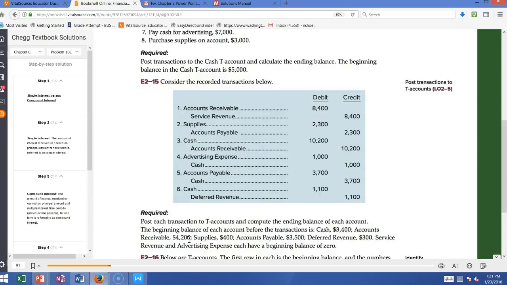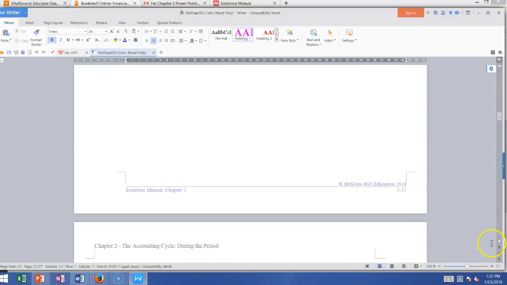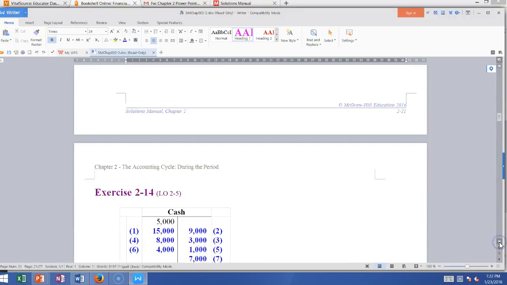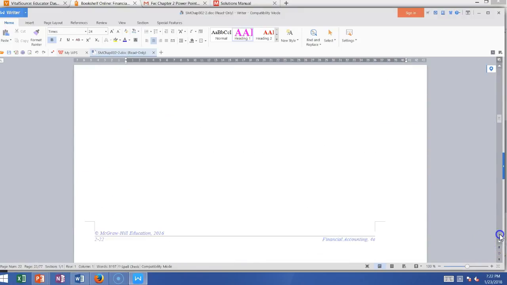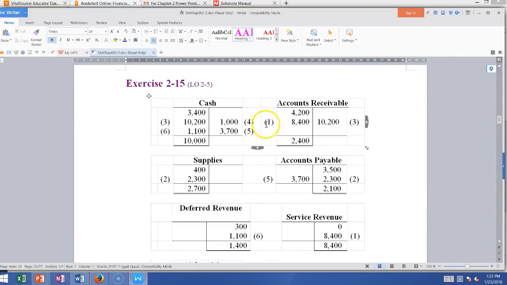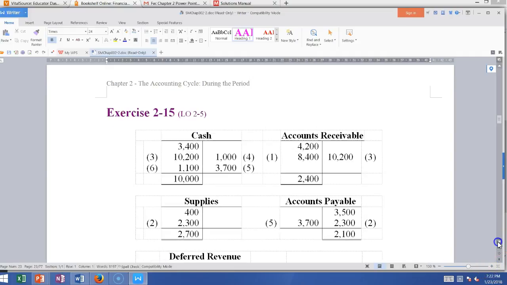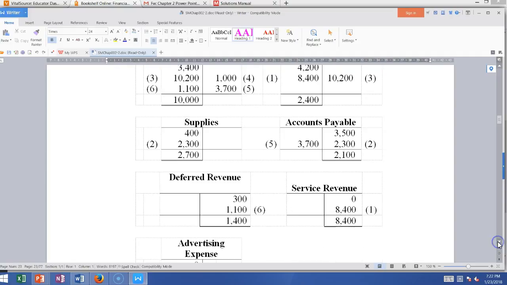So I want you to now go to your T accounts and right next to accounts receivable, you see where this account is? Put a 1 here. Put a debit on accounts receivable here. See there? And then we're going to go down to service revenue.